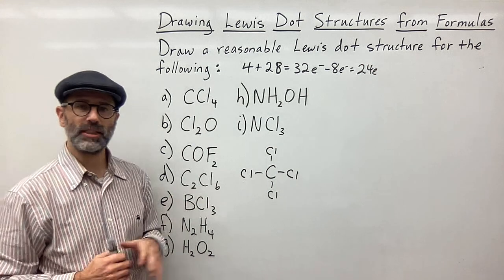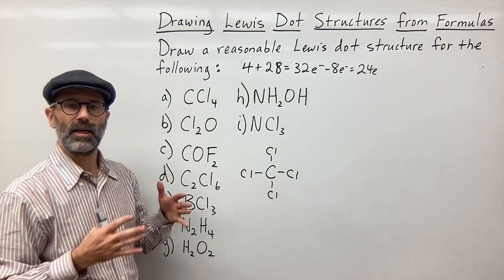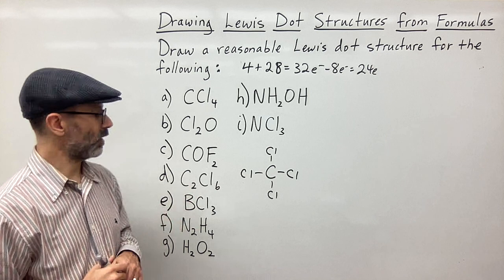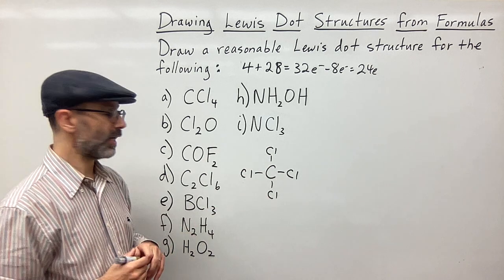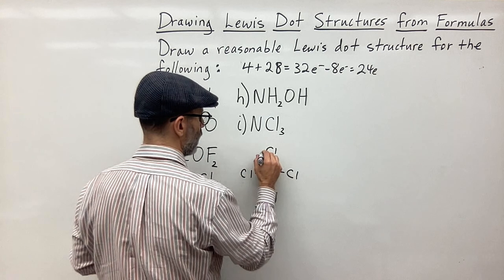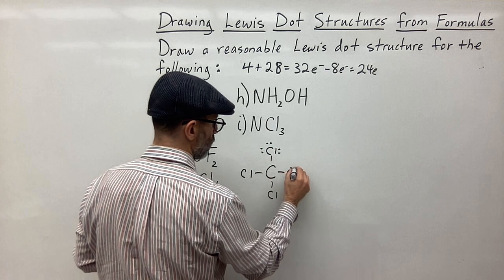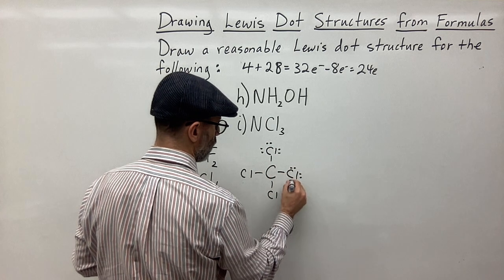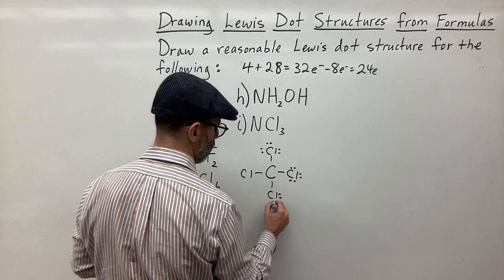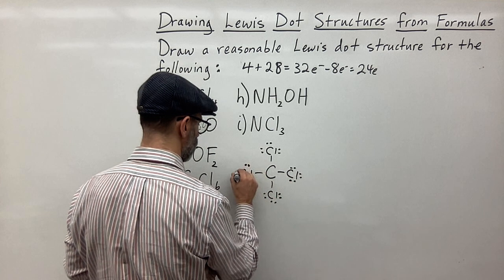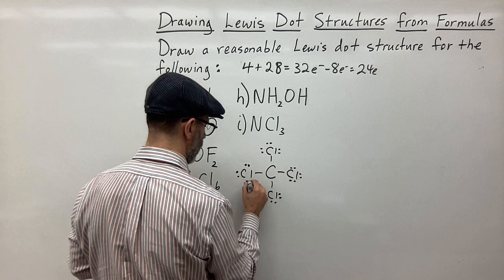Okay, so now step 3. Step 3 is add lone pairs to your outer atoms to give them an octet if they need one. So all the chlorines do need an octet. So I'm going to add 3 lone pairs to each chlorine. So this is 1, 2, 3, 1, 2, 3, 1, 2, 3, and that's it.